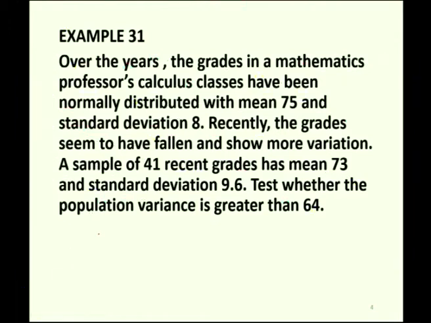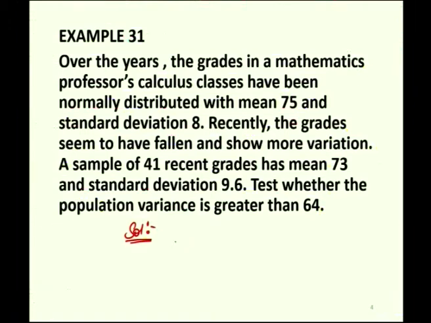You are asked to verify whether the population variance is greater than 64. Only one sample has been given, that is, a sample of 41 grades of the mathematics professor's calculus classes, and you are asked to test whether it is greater than 64. Therefore, this is a single variance test. So, that is the identification.